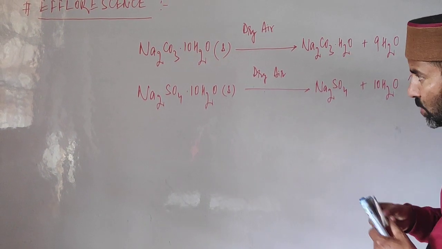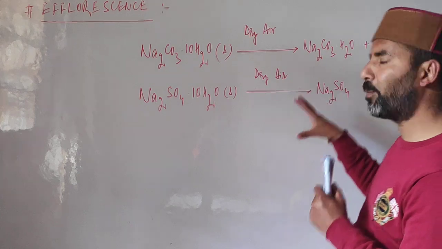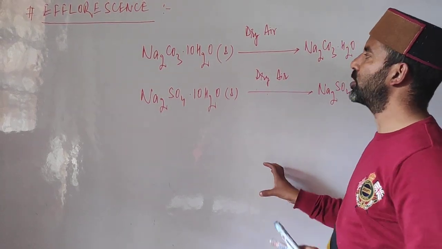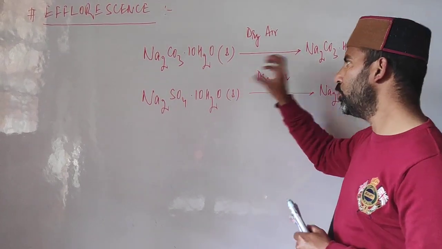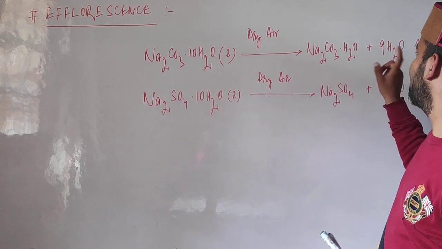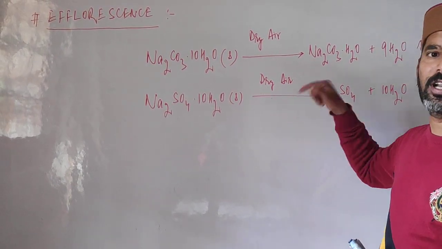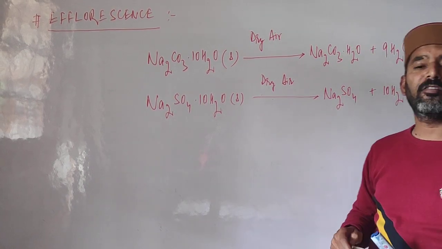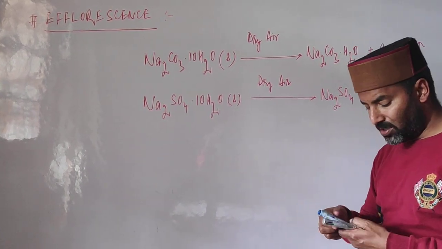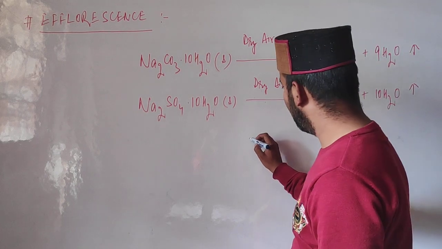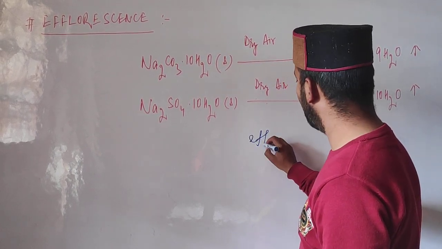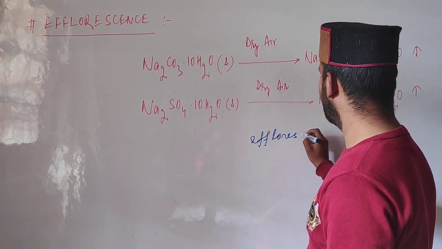So students, this property by virtue of which some salts lose their water of crystallization either partly or completely on exposure to dry air is called efflorescence. And such salts or compounds are called efflorescent compounds.